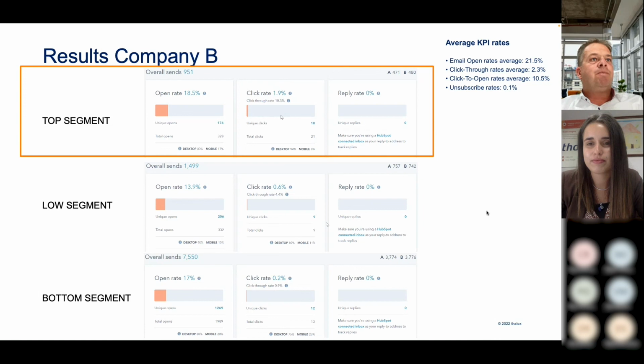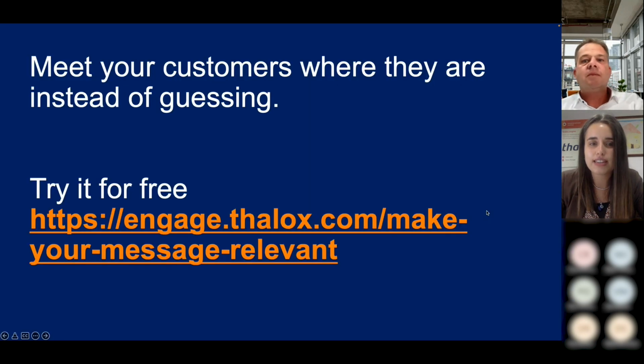And yeah, last but not least, Lisa, you want to make an offer to everyone, right? So on the next slide, I'm going to read this sentence, which is really important. Meet your customers where they are instead of guessing. Know your customer data. Allow your marketing team to be more effective without spending too much time, because we are offering automated segmentation with the AI capabilities.